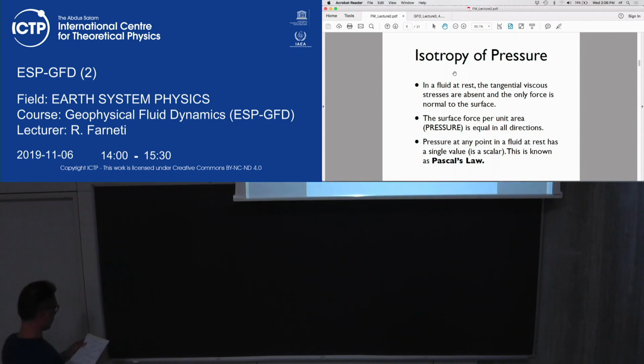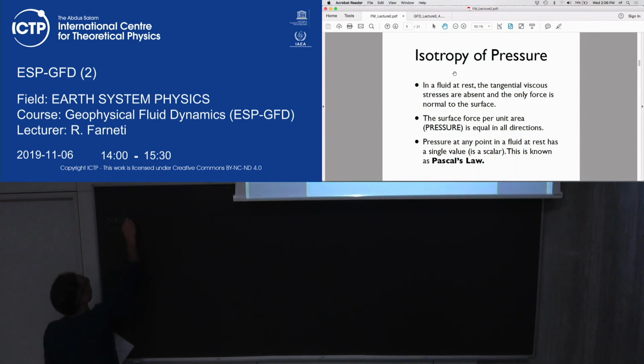But now we're going to take a small element of fluid where we're going to have surface forces, and the only surface force acting on an element of fluid in static condition is pressure. And what we call a body force, which is something that we will define later, maybe Friday.